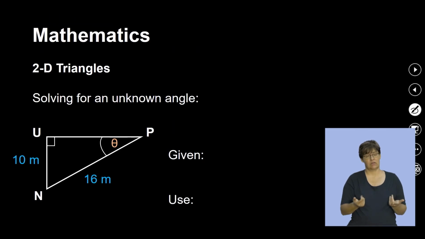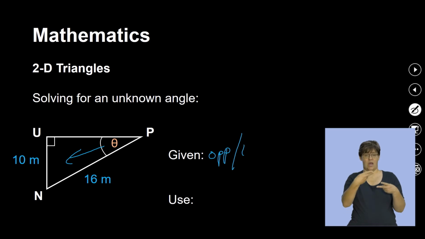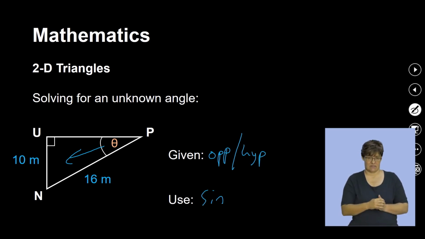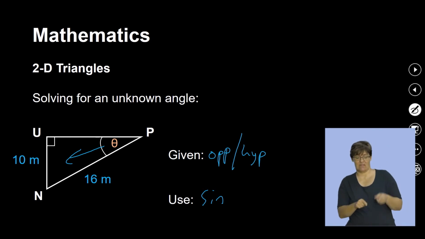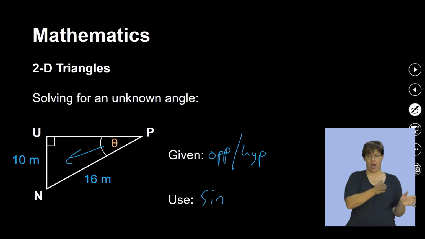And then if maybe I'm given now the opposite side to theta, so here I'm given the opposite and also my hypotenuse, I will therefore use the sine theta ratio. So this is just me trying to show you, when given this, what do you use, so that you know exactly how to maneuver your way around trying to solve these things.